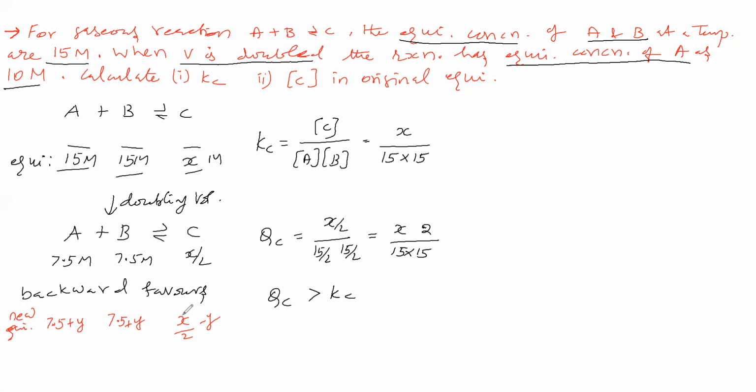Now what we have to find, for this we will take Kc. Kc is equal to concentration of C, X by 2 minus Y, divided by concentration of A, 7.5 plus Y, and concentration of B, that is 7.5 plus Y. We got Kc.